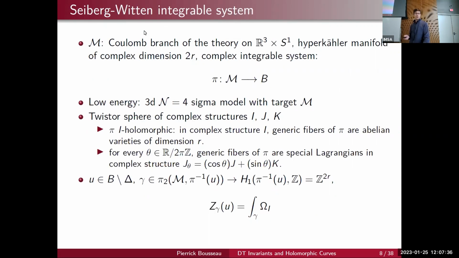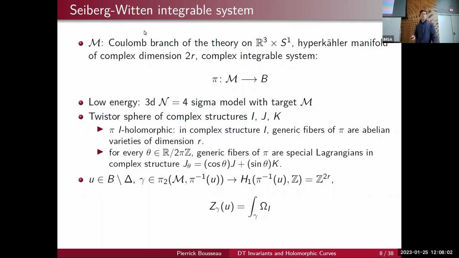So the second side of the story involves this hyperkähler geometry, which in the physics context is a so-called Seiberg-Witten integrable system for the four-dimensional theory. Which is physically realized as the Coulomb branch of the theory compactified on a circle. So it is a hyperkähler manifold of complex dimension 2R, where previously R was the rank of the theory.